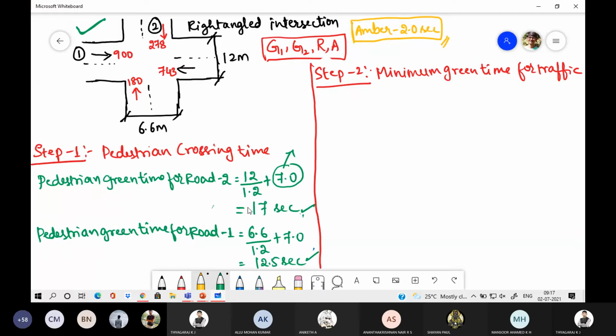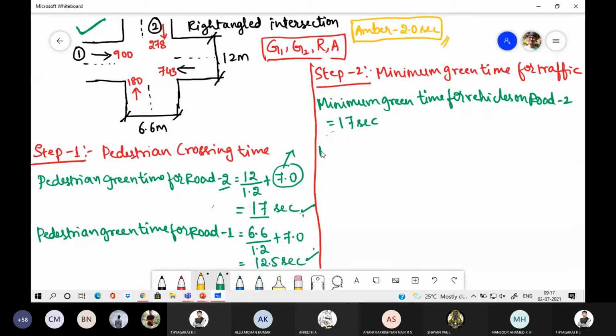So for road 2 we have already calculated. The pedestrian green time will be considered as the minimum green time. So make a note here. Minimum green time for vehicle on road 2 is equal to 17 seconds.